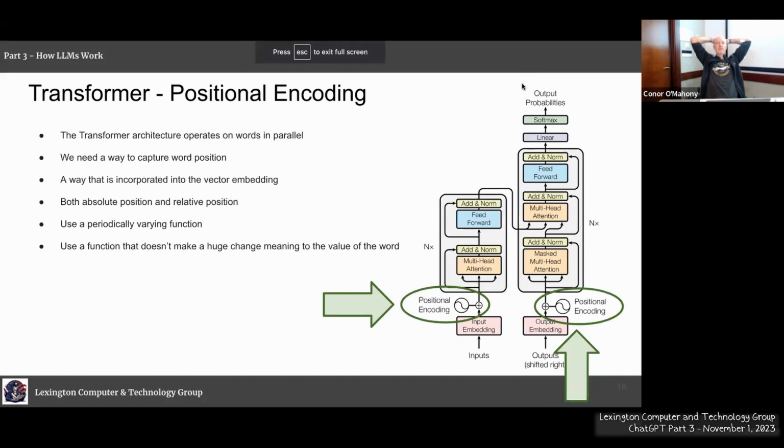Okay, so we've now dealt with content getting into the system so we can do something with it. One of the key considerations we need to take into account is that because this system is going to act in parallel on each word, with each word going in at the same time, we need a way to capture word position.